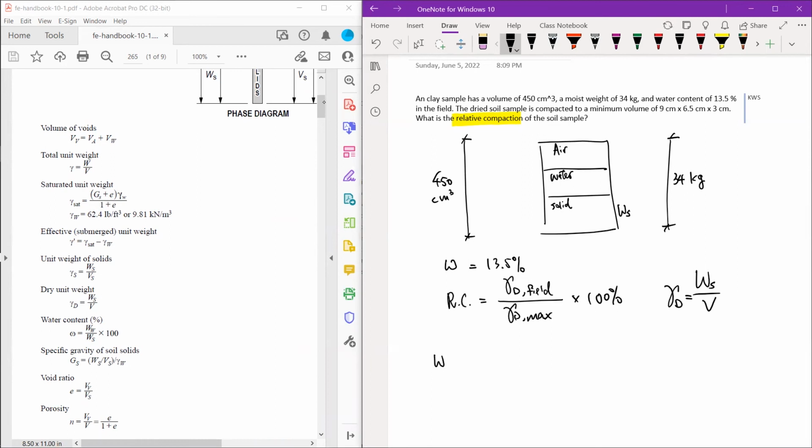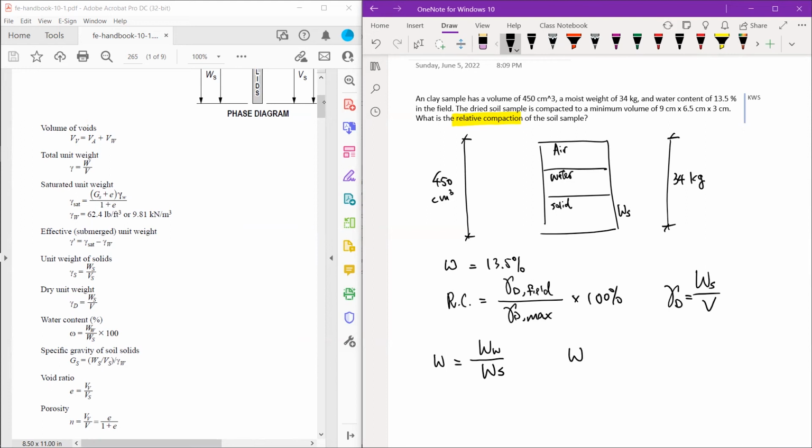So water content is equal to the weight of the water divided by the weight of solid. Again, we can find this information on our FE manual. The equation is right here, if you can see my cursor. Then we know the total weight right there.